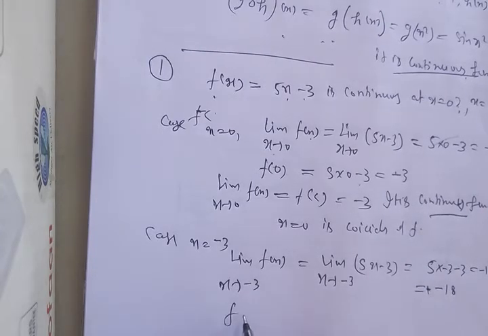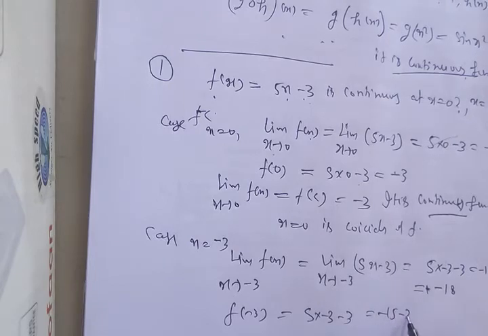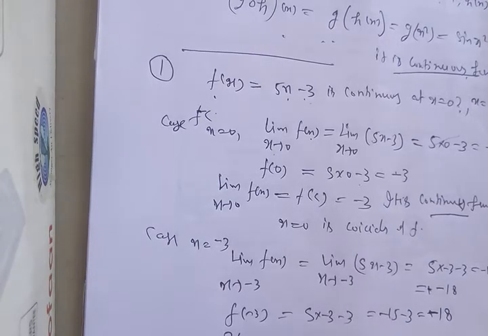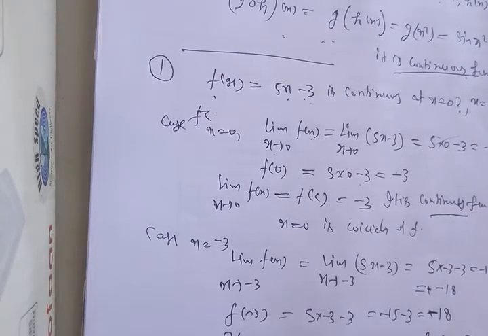And f(minus 3), putting this value in the function, 5 into minus 3 minus 3, minus 15 minus 3 equals minus 18. Both are equal, so it is a continuous function at x equal to minus 3.